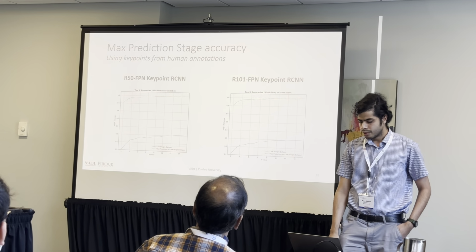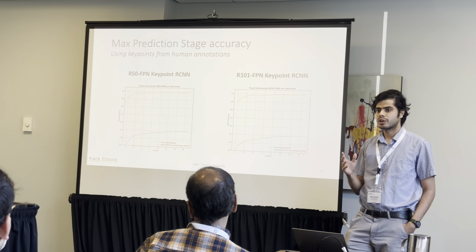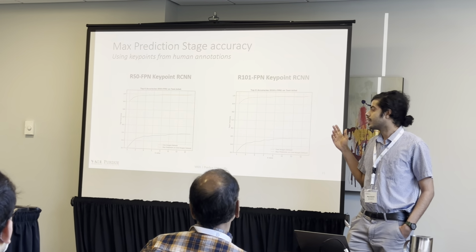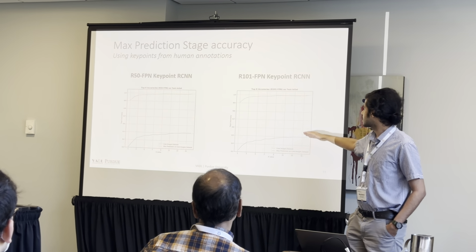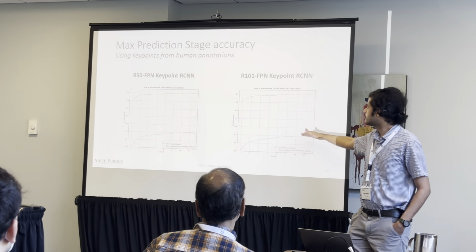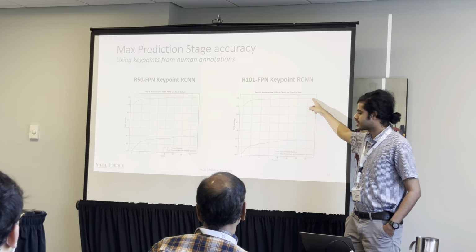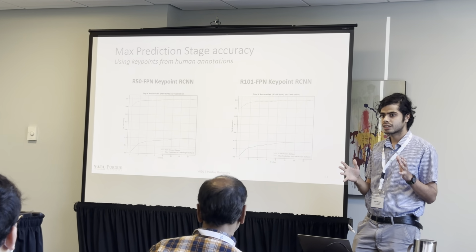So we did that, and we plotted the max prediction stage accuracy using the key points from human annotations. With that, we have these orange lines, and you see that there is a huge gap between the blue line and the orange line, and we wish to push this more towards the orange line, and this reaches 100%. So it's an issue with the localizer, not the predictor.